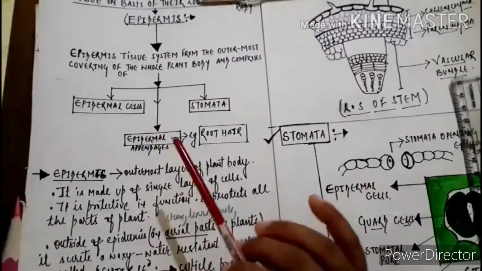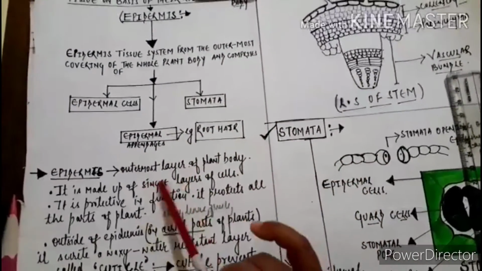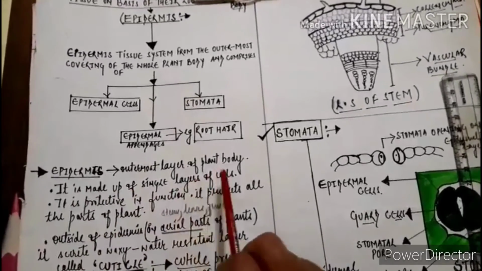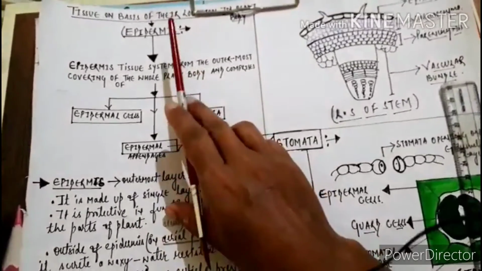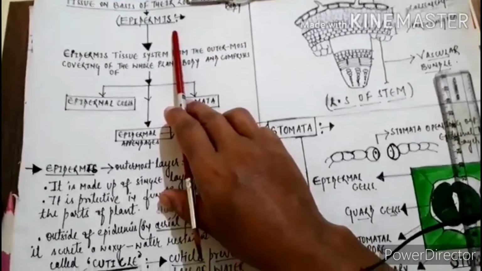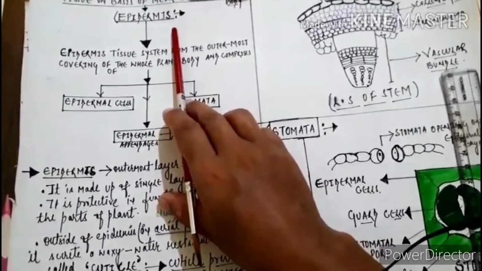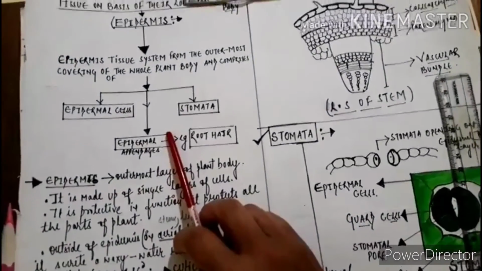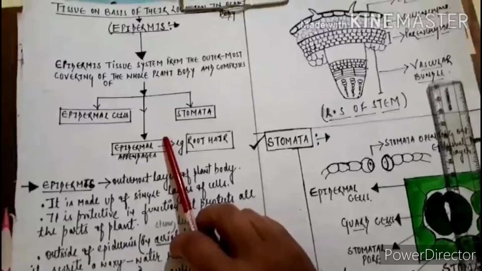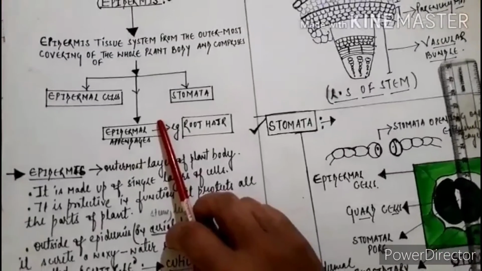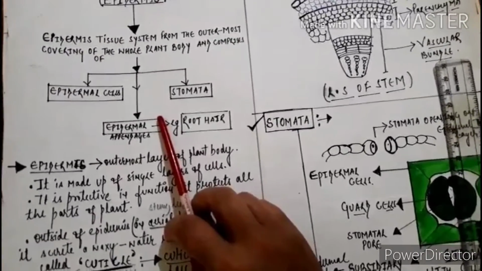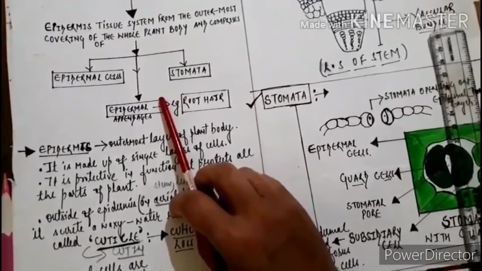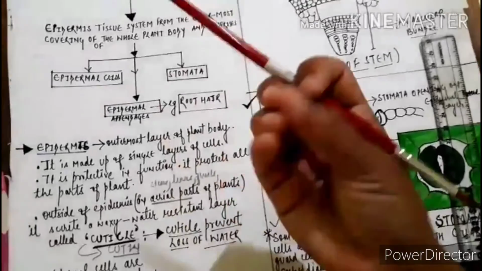So the first and foremost thing is that it is the outermost layer of the plant body, and it is made up of a single layer of cells. Epidermis is a single layer of cells which covers the plant part from outside. In animals, our skin covers all our internal organs from outside. Similarly, in plants, epidermis covers all plant parts from outside with a single layer of cells.